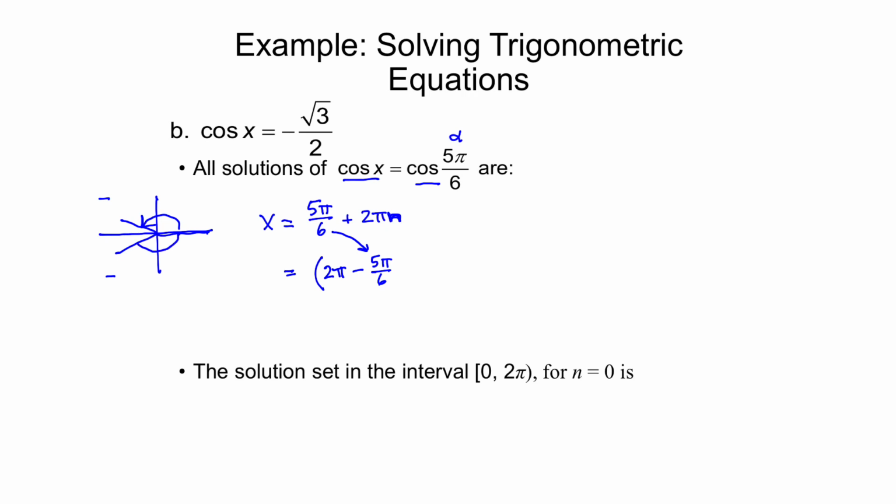If I subtract it, that's kind of taking me back there, but what it ends up giving me is the value here. 2 pi is like 12 pi over 6. 12 pi over 6 minus 5 pi over 6 gives us 7 pi over 6. So the outcome here is 7 pi over 6, and then we're going to add plus 2 pi n.